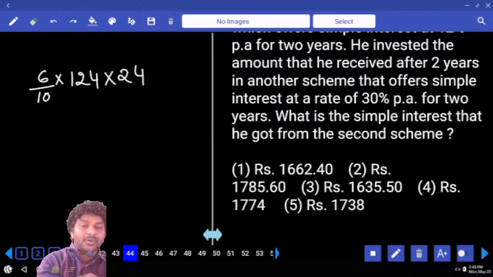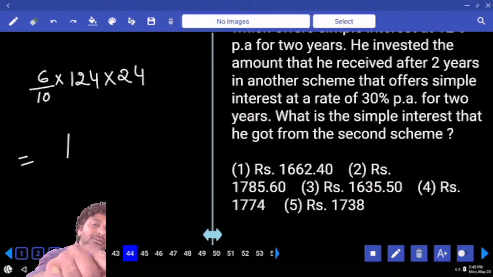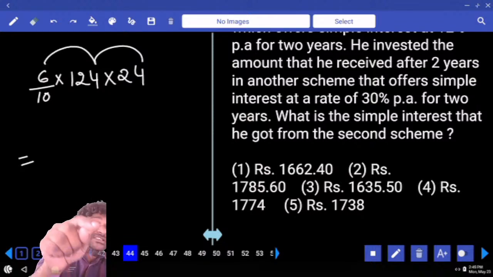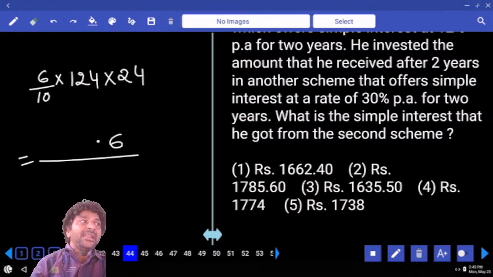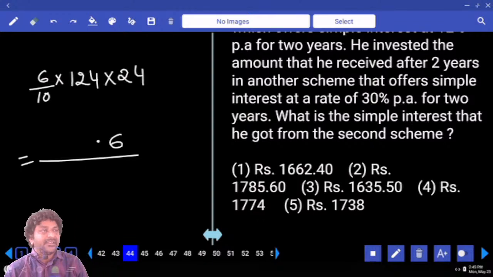Yes or no? In the denominator we have 10, right? Let me calculate the numerator, and if I write the decimal one digit before, that's going to be our answer. 4 into 4 ends with 6, 6 into 6 ends with, come on, and divide it by 10, that means the answer must end with 0.6, correct? How many options are there? Only one.